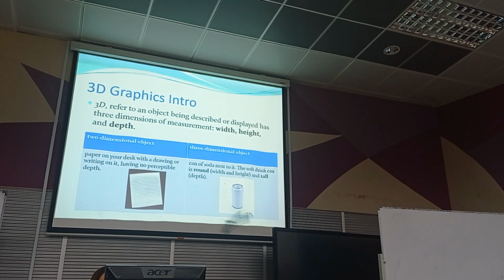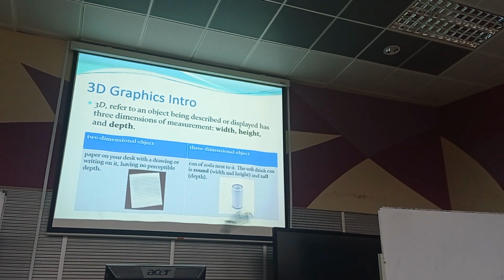If you see a paper, you should know it is 2D because there is no depthness, no perception of depth at all. A soda can, or the graphic just now, is round, so you have the width and height, and you also have the depth.